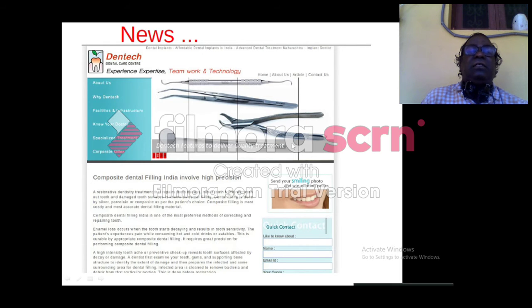Once anything is taken out from the teeth, it is filled with composite material, which has high strength. Another property is adhesion, so the binding of the composite material with the tooth is very good. Dentists use this composite material.